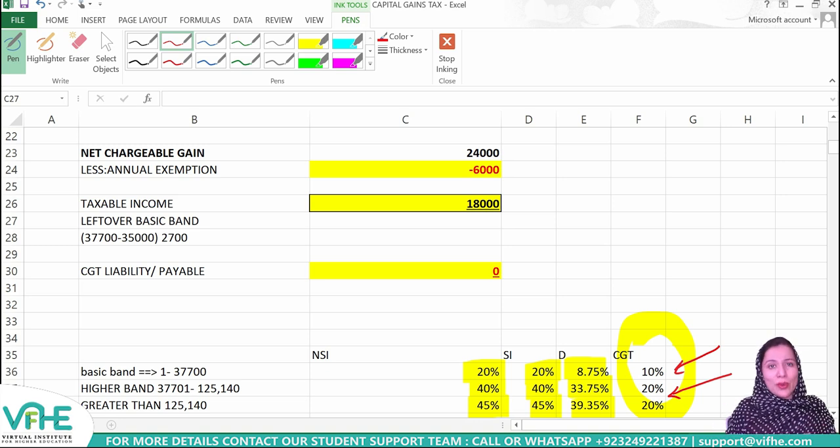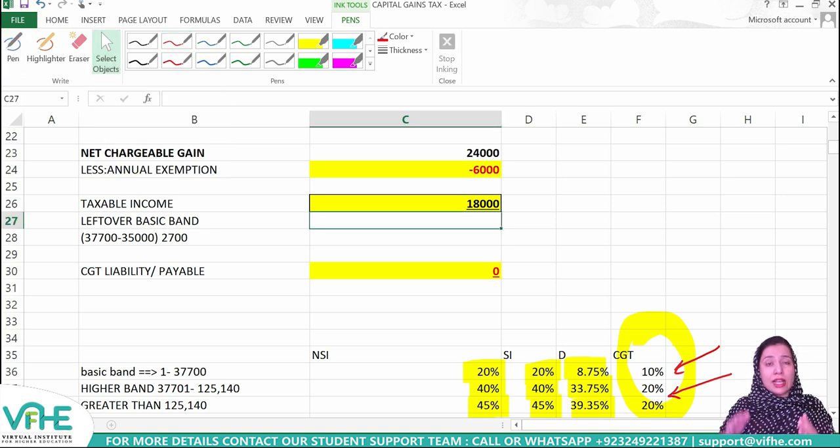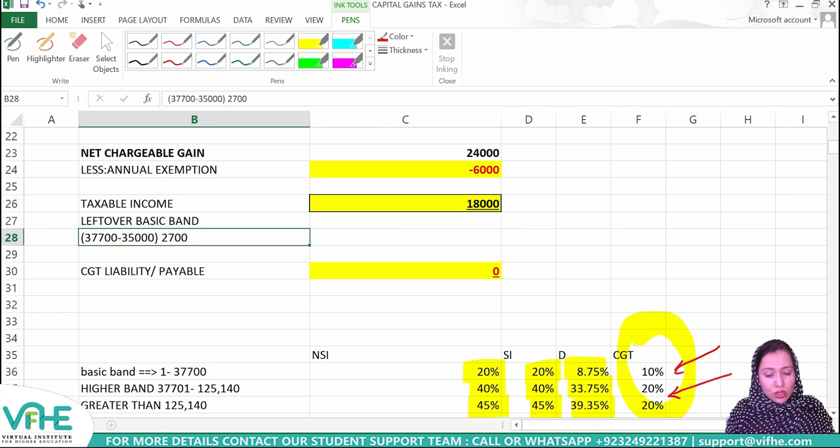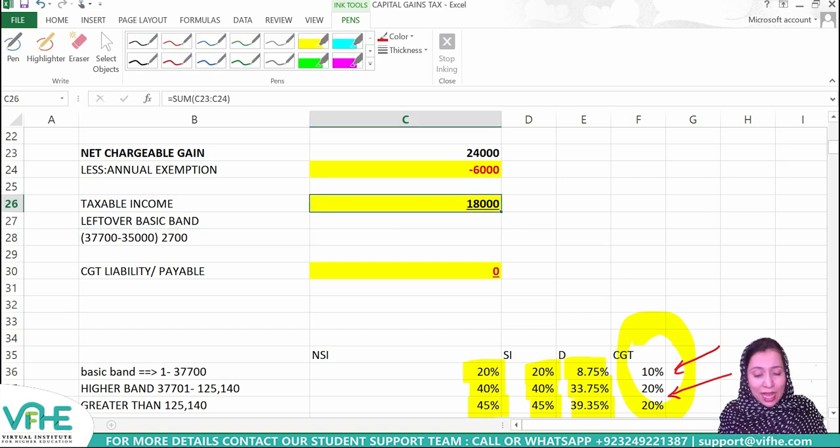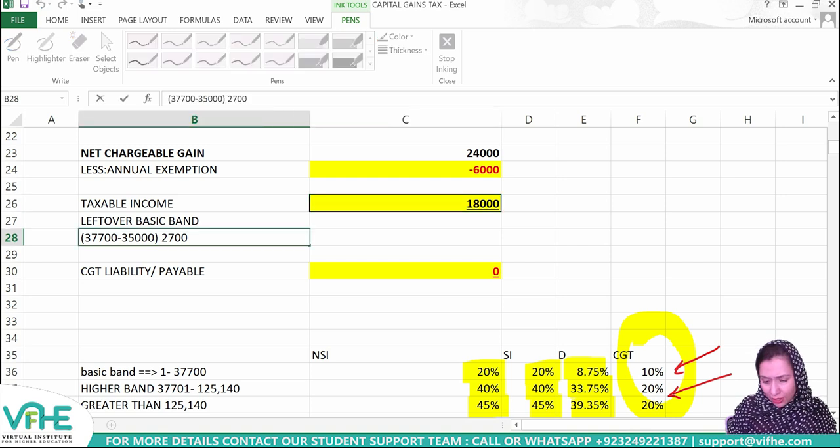In this example, this person has a taxable income of 35,000 pounds. I mean, his taxable figure, determined after deducting personal allowance against his net income for non-saving, saving and dividend, was 35,000 pounds. So he's just left with 2,700 pounds. And what is his taxable gain? Yes, it is 18,000. So out of 18,000 pounds, 2,700 is going to be covered under the basic rate band, where the rate is 10%.